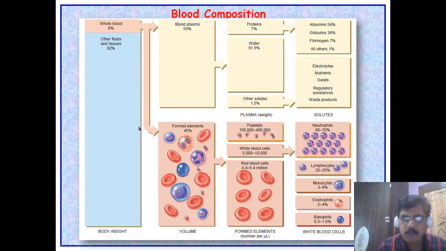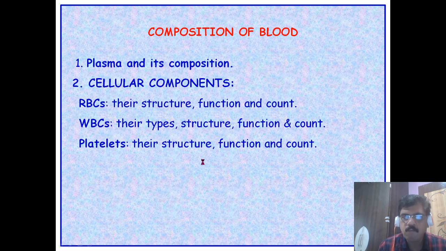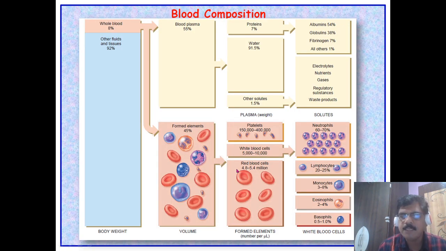And 45% is the cellular element, and that we call the formed element. These formed elements comprise various types of cells.